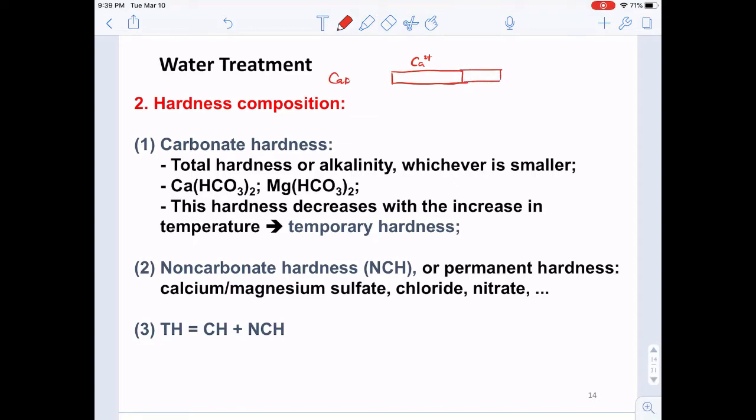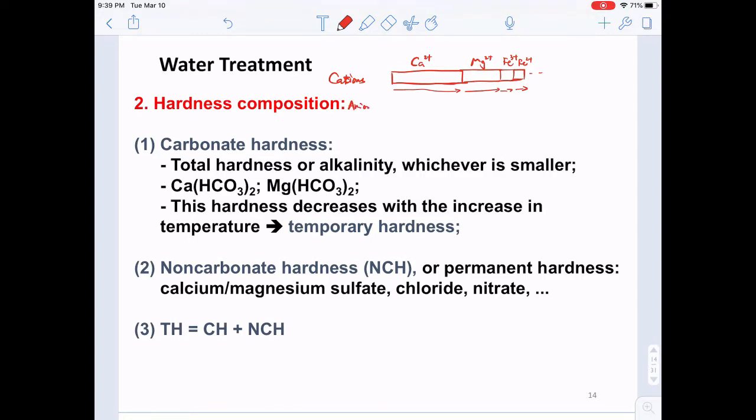For the cations, there can be calcium ions, magnesium ions, let's say ferric ions or ferrous ions, and so on and so forth. Each length of this bar is linearly correlated with the concentration of these cations.